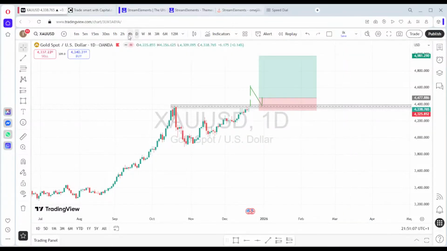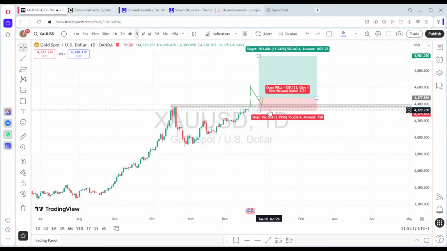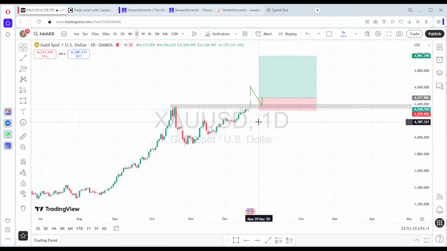So now it's time to drill down. I've not really explained what we need to do. Remember, the first scenario is when we want to do a buy trade from where the market is now. Allow it to break this resistance zone, allow it to come back to it, let it give you a good entry trigger, bullish engulfing, hammer, or any kind of entry trigger, then take it from there.